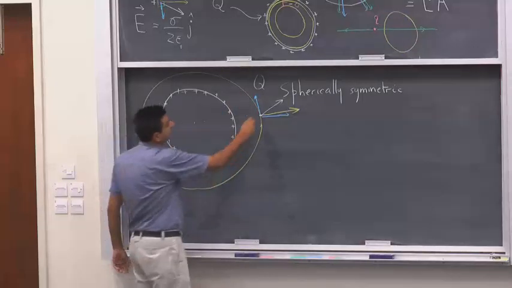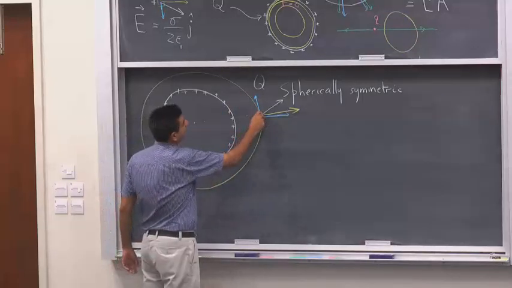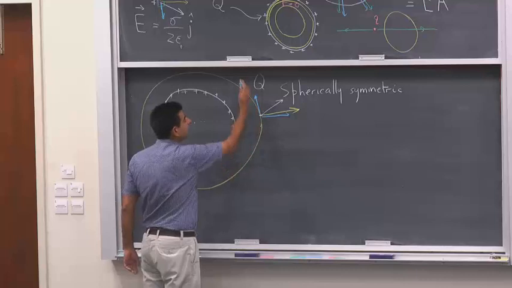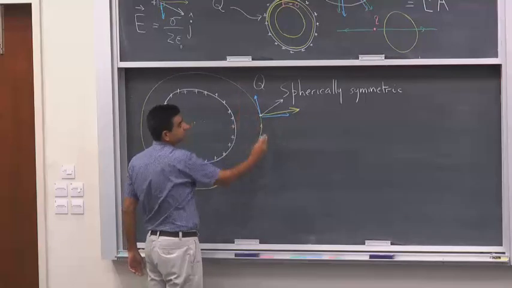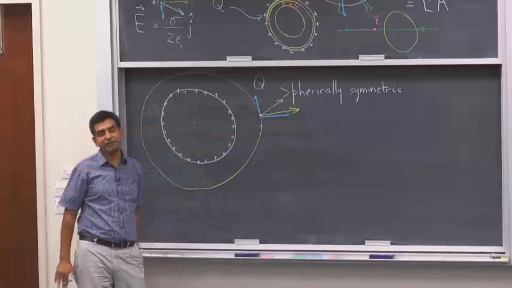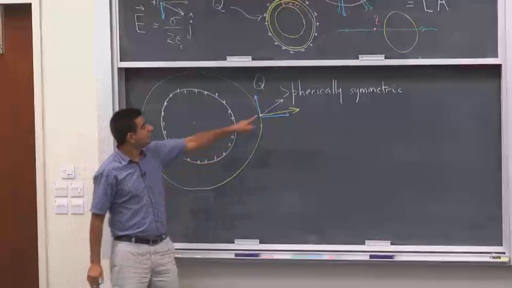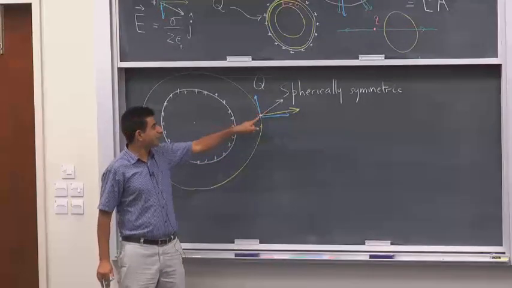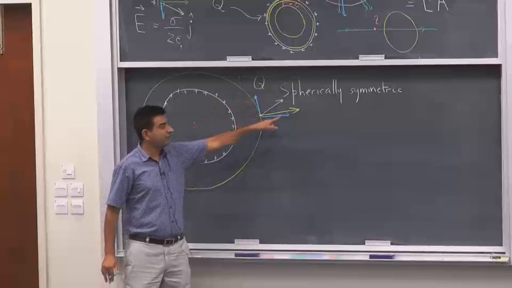Tangential means something that is parallel to the surface at this point. It's a tangent to the surface. If I draw a sphere, I can draw a line that is tangent to the surface. So if the field were pointing in this direction, this would have a tangential component and a normal component.